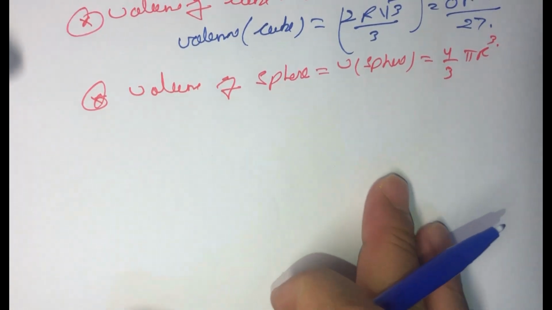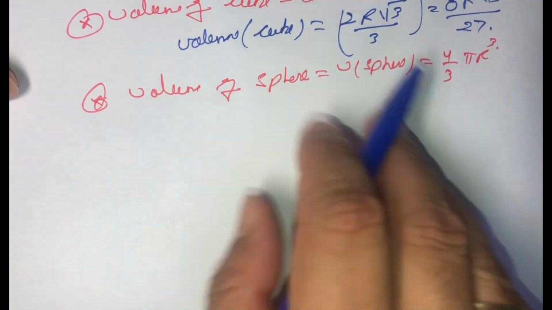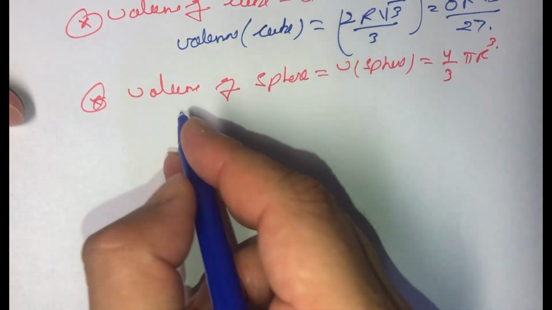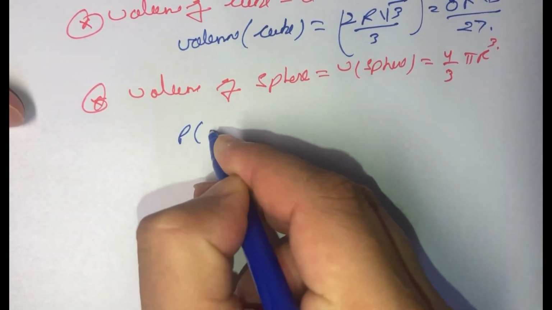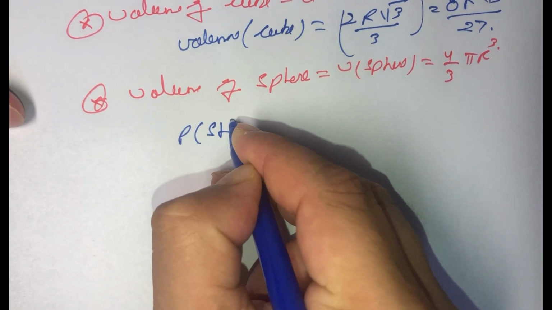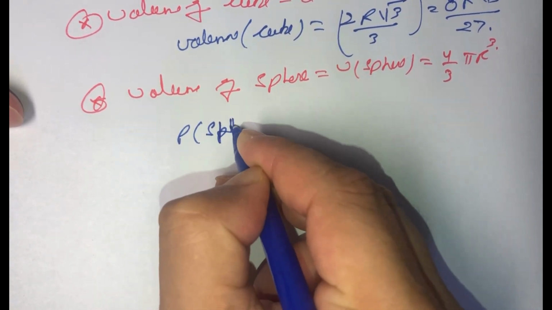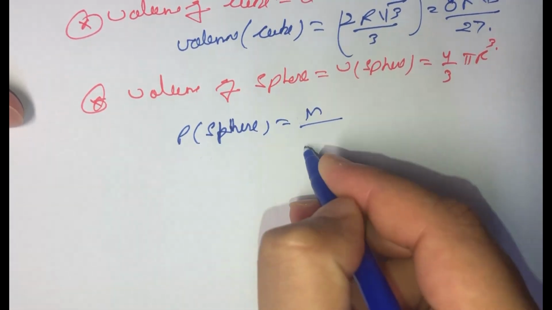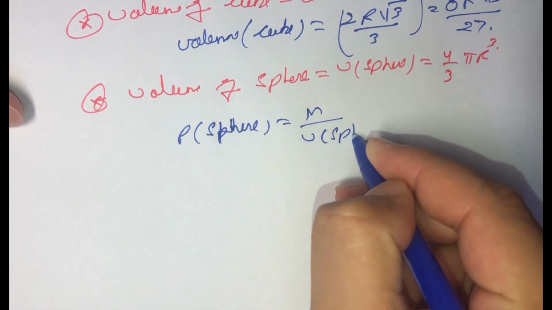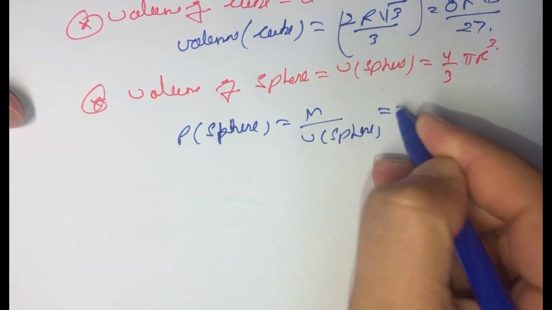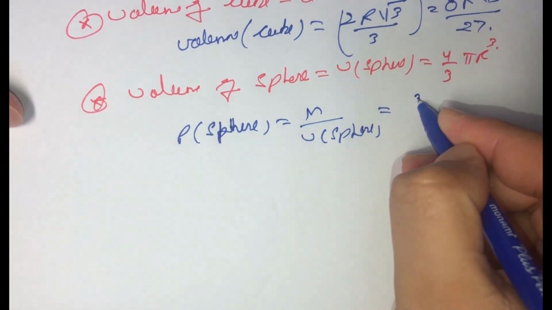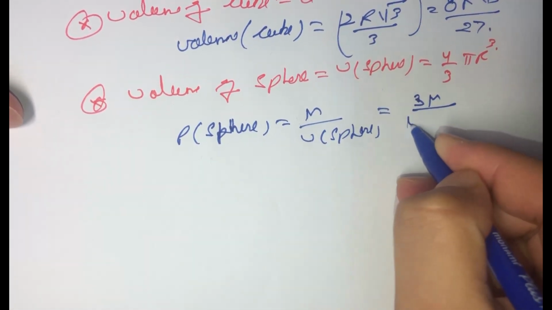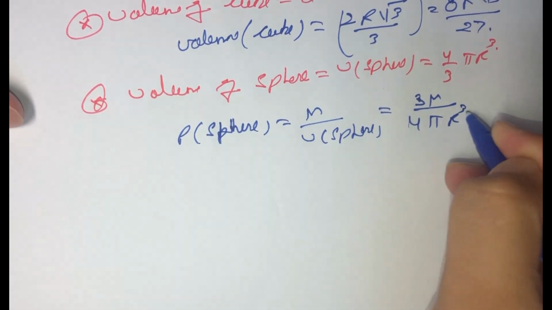And from here we can find out its density. Mass is given as capital M, so density of sphere will be equal to mass divided by volume of sphere, which will be 3m divided by 4 pi r cube.